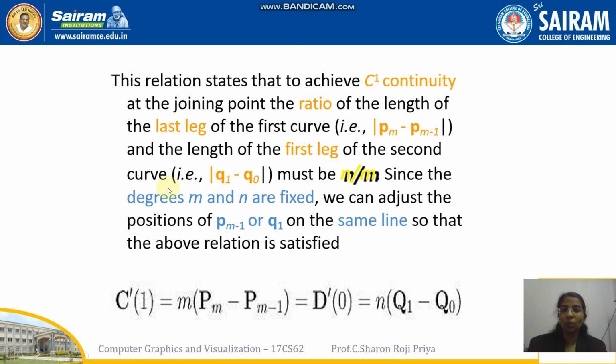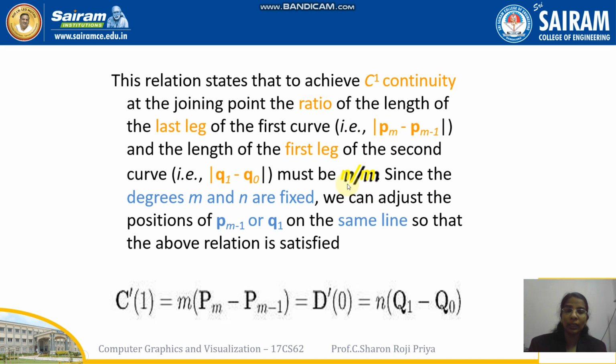So here they have generated a relation for C1 continuity. The relation states that to achieve C1 continuity, I have to calculate a ratio. What is that ratio? The length of the last leg of the first curve to the length of the first leg of the second curve should be n by m.